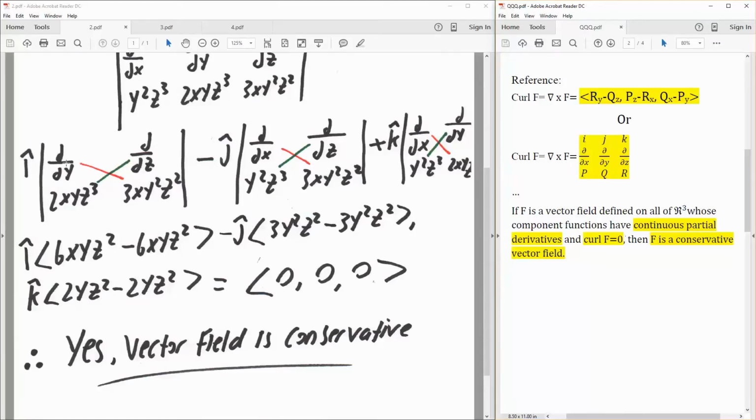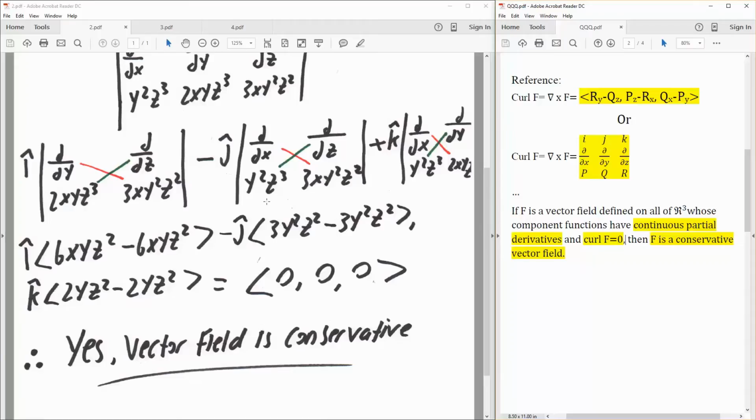So partial derivative in terms of y for 3xy squared z squared. We have y squared here, so we would get 6xy z squared, minus partial derivative in terms of z for this 2xy z cubed. We have z cubed right here, so we would get 3 times 2 is 6, 6xy z squared.